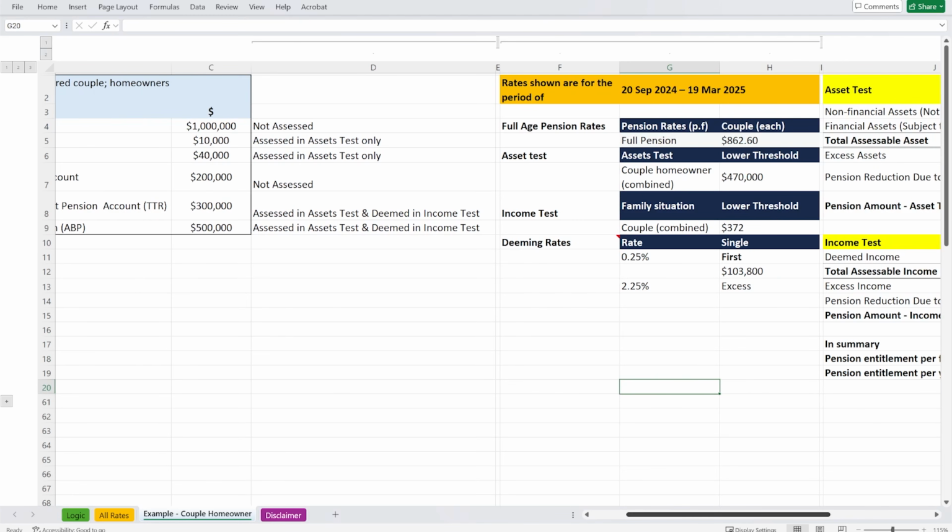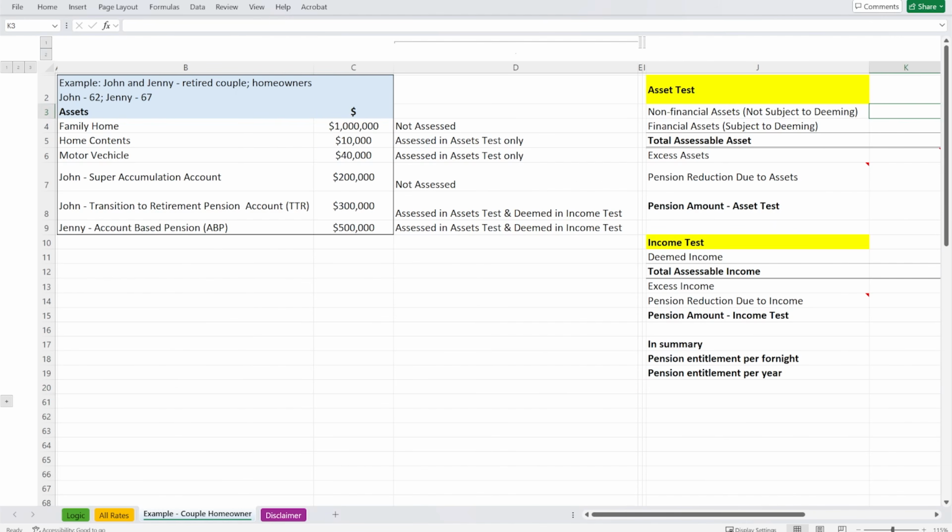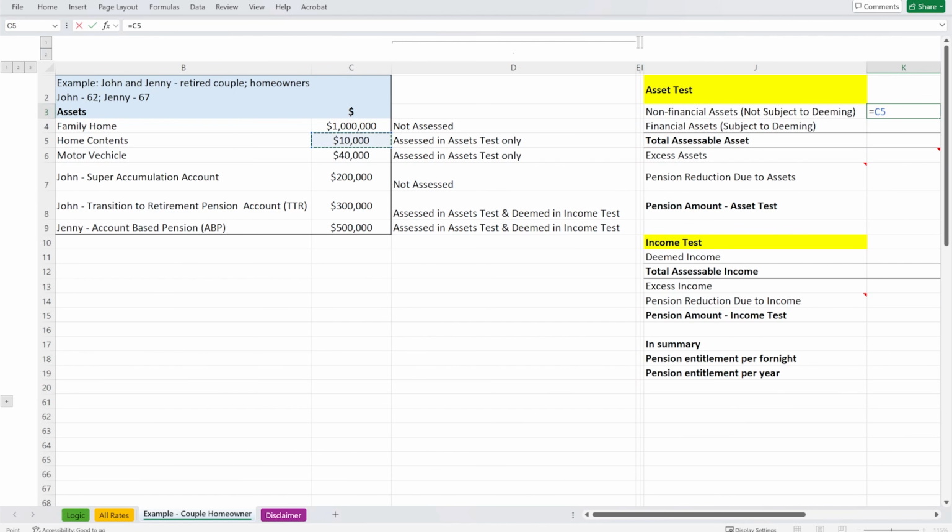The total value of their non-financial assets includes their home contents and motor vehicle, which comes to $50,000. Their total financial assets include John's TTR pension and Jenny's account-based pension, which equals $800,000. Adding this together, their total assessable assets come to $850,000.